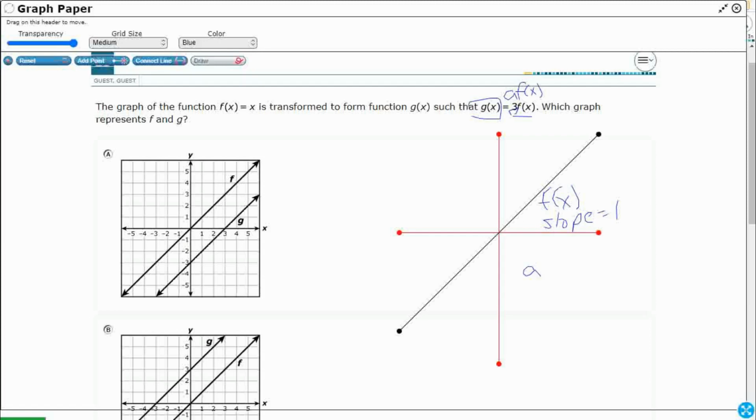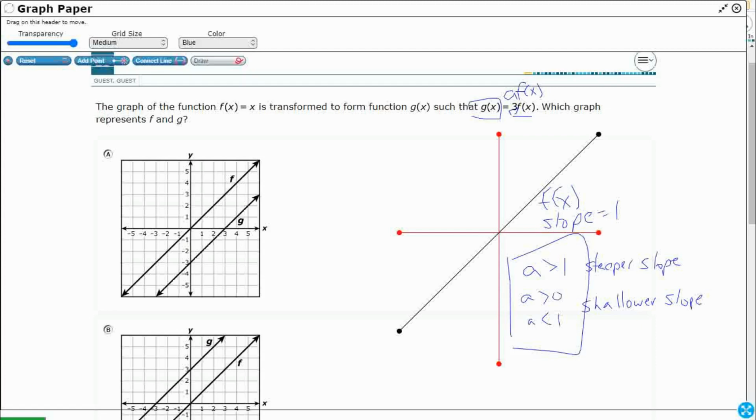Okay, so if a, the multiplier, is greater than 1, right, it's going to be a steeper slope. If it is greater than 0, but it is less than 1, right, then it's going to be shallower. And then if it's completely less than 0, right, then it flips. It becomes a downward slope. This is an upward slope, so we'll just deal with this right here.